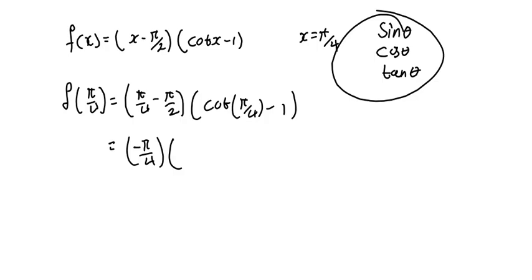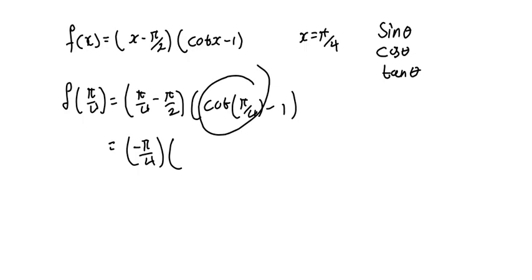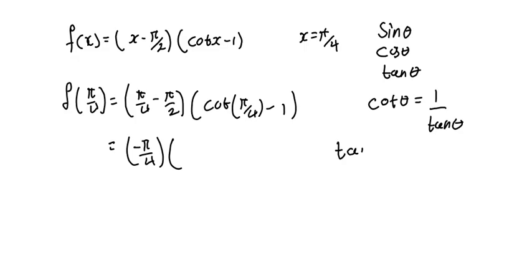From trig identities, we know that cotangent theta, or cot theta, is simply equal to 1 over tan theta, like that. So in this case, what is our theta? Our theta is just pi over 4. So tan pi over 4 is equal to 1, because we are talking about tan 45. Pi over 4 is 45.